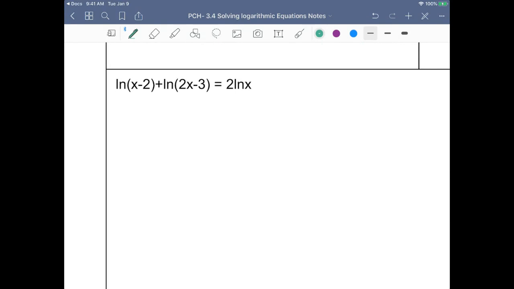Okay, first we're going to use the product property to combine. And in fact, we're also going to use the power property. So product on this side and power on this side. So I get the ln of x minus 2 times 2x minus 3 is equal to the ln of x squared.